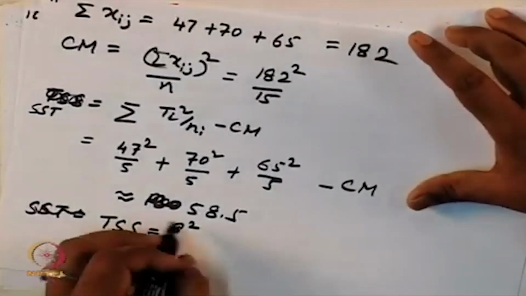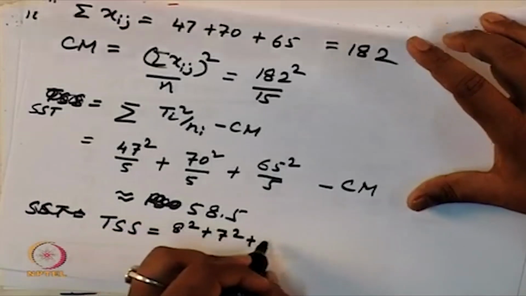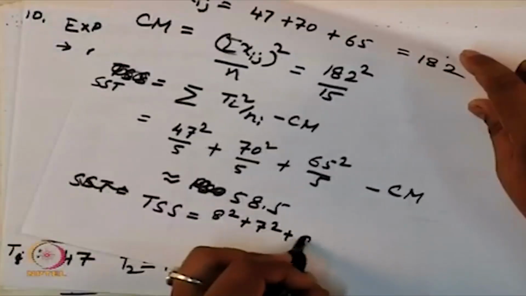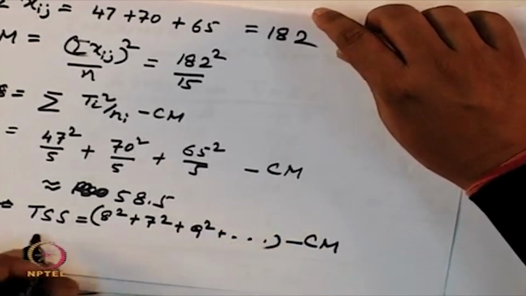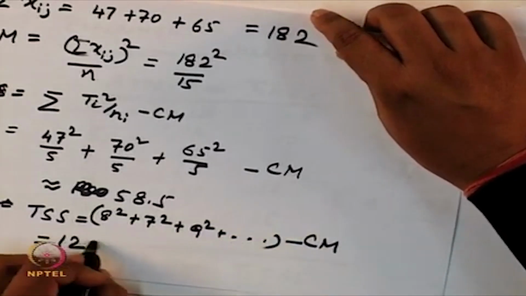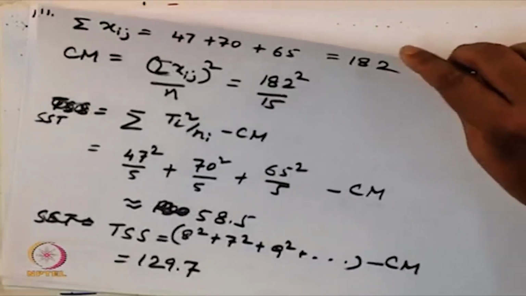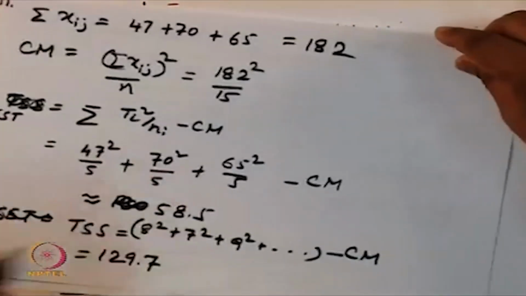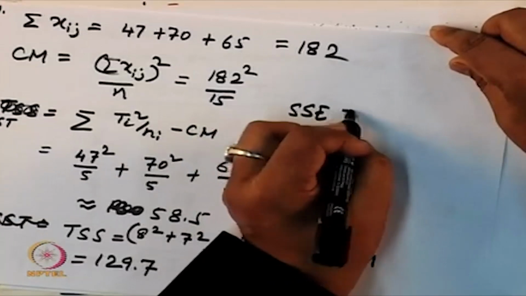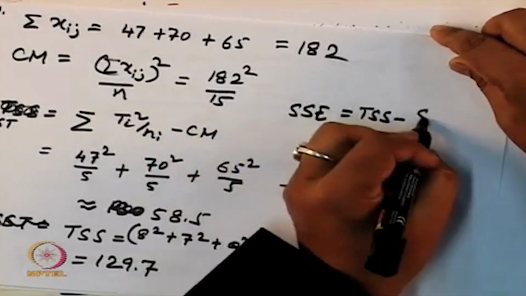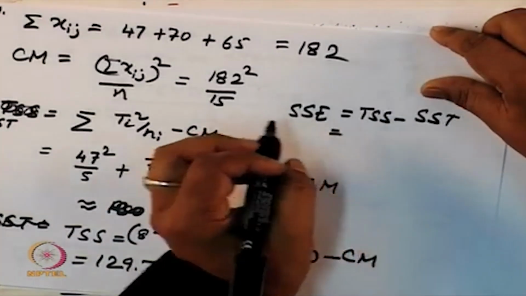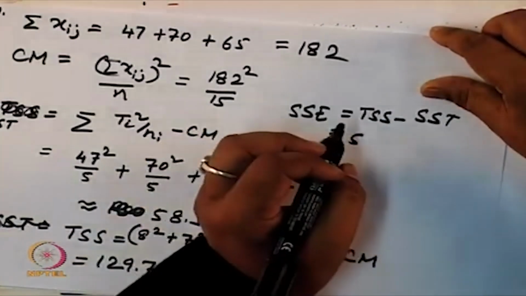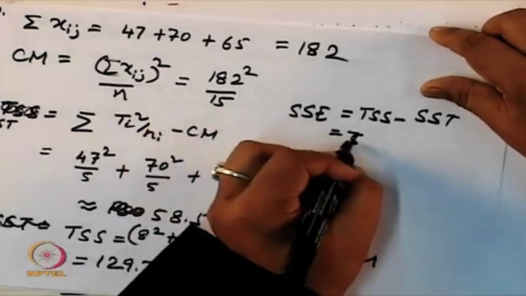So, TSS is equal to 8 square plus 7 square plus 9 square, and so on. You square up all the terms for each of these conditions and subtract Cm. This comes out to be 129.7. TSS minus SST gives you SSE, which has a value of 71.2.